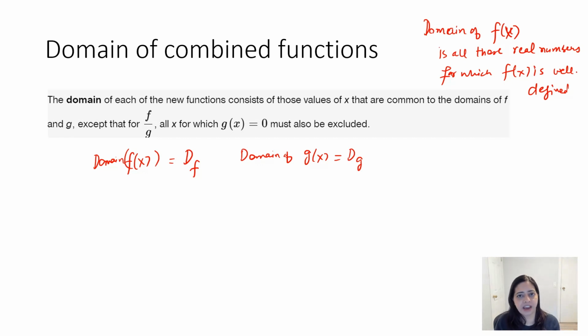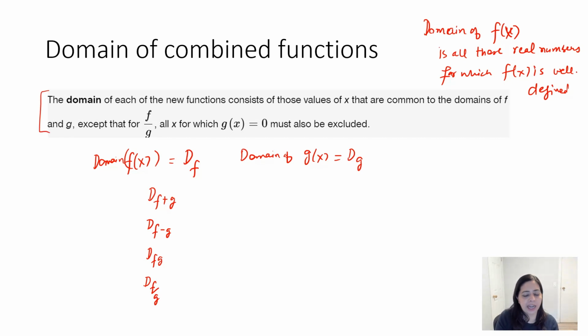And now we are interested to know what is the domain of the new function f plus g, because by combining functions, you are creating new functions. Those new functions are also going to have some domains. So we are interested to answer that question here. What's the domain of f plus g, f minus g, fg, and f divided by g?